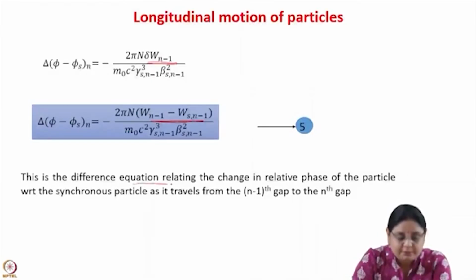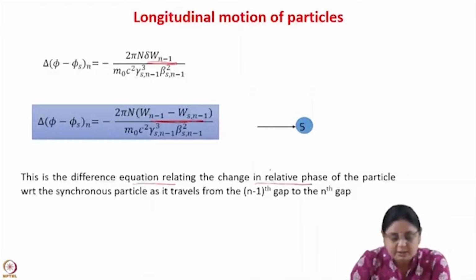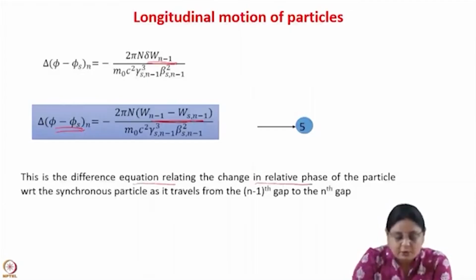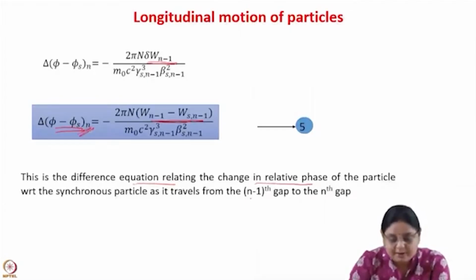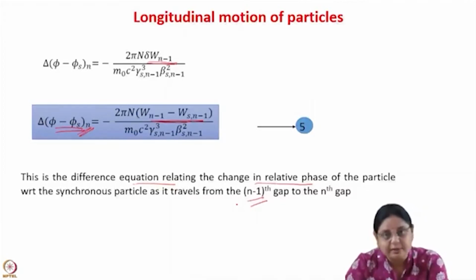So this is the difference equation relating the change in relative phase of the particle with respect to the synchronous particle as it travels from the n minus 1th gap to the nth gap.